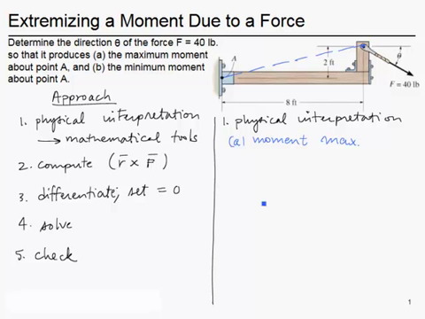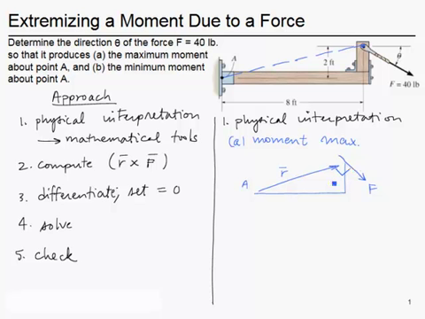Okay, so we're talking about a triangle here, something like this. So here's point A. Here is my moment arm, and in the parlance of a moment calculation by cross product, we're going to call that R. And then what I'd be looking for is an F, which is perpendicular to that.